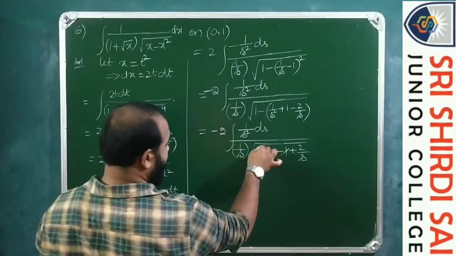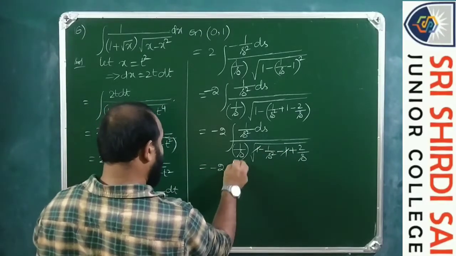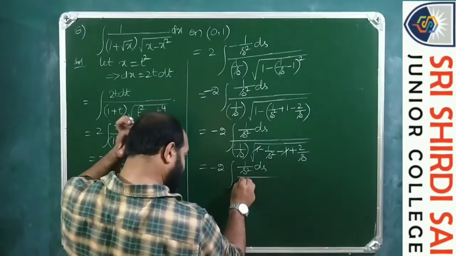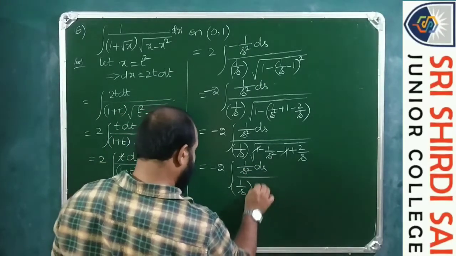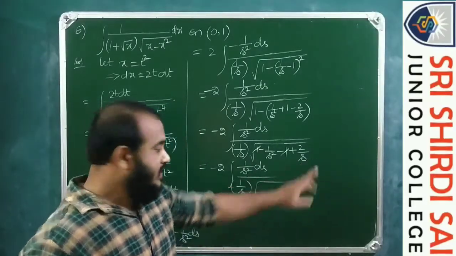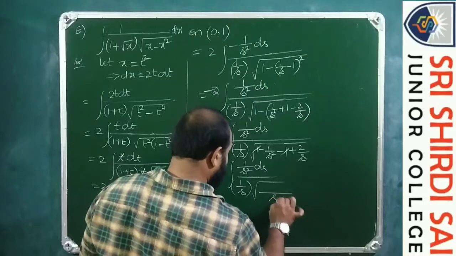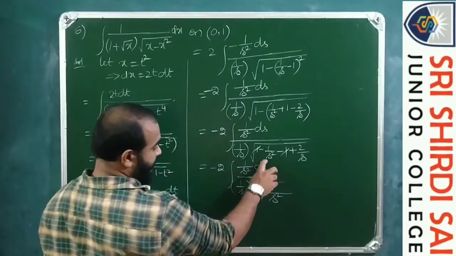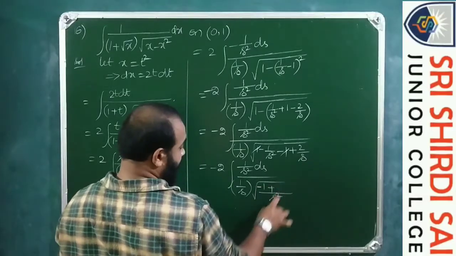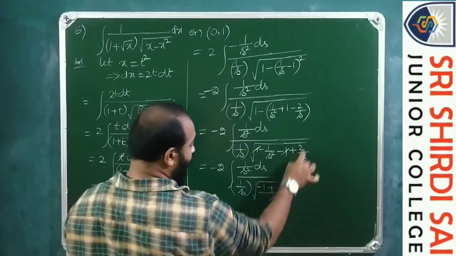So 1 gets cancelled. Minus 2 integral 1 by s square ds by 1 by s into, so here the LCM is s square, so s square gets cancelled, so minus 1 plus 2s by s, that is, 2s minus 1 by s square.